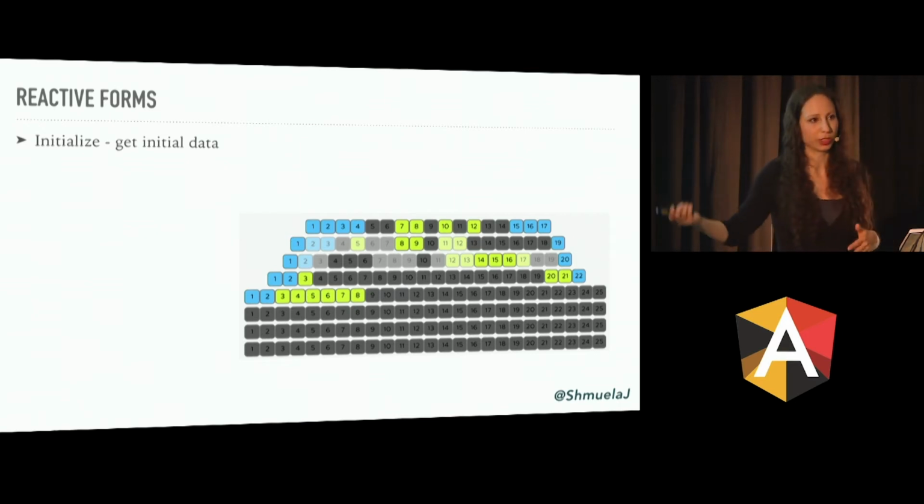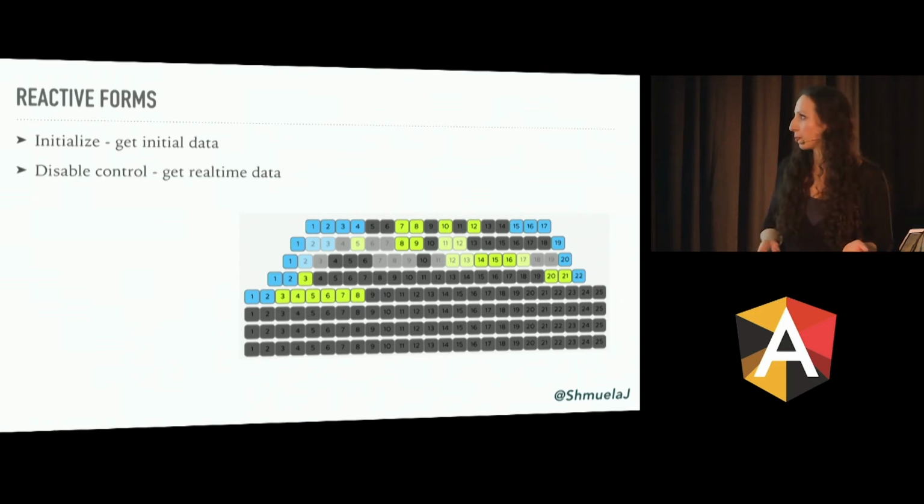So first is for initializing the form, getting the data, and creating the form. The form itself is actually also a stream that the component that uses it listens to. I create the form, in this case, in a service that's provided in the component. Disabling the control also depends on data, which is a stream from the server.